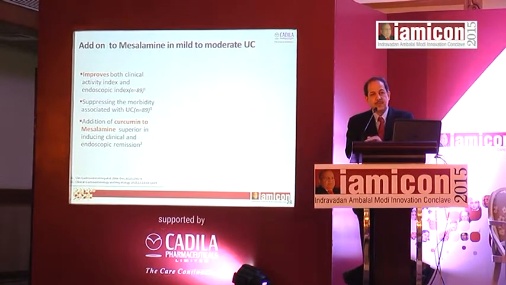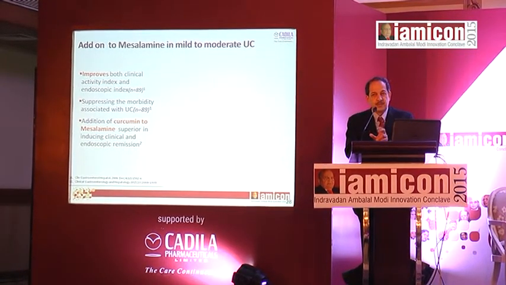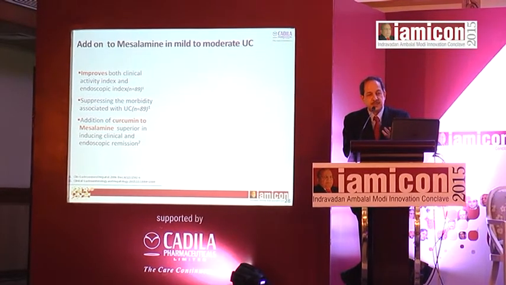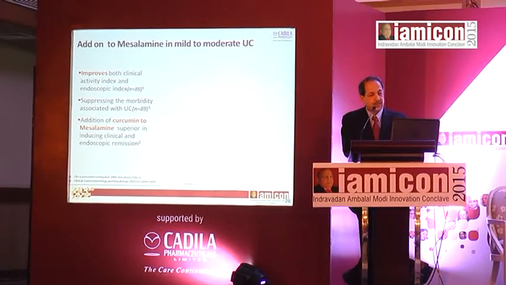They gave 1 gram twice daily along with mesalamine to a group of about 40-50 patients, and only mesalamine to about 40 or 50 patients, and they found that the relapse rate was much lower in the curcumin-added group as compared to the 5-ASA or mesalamine group.